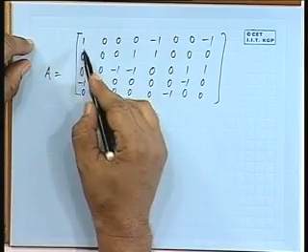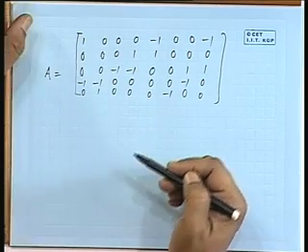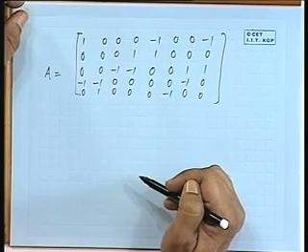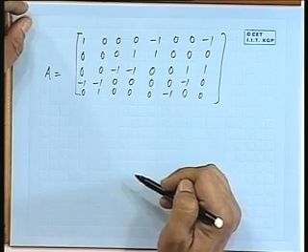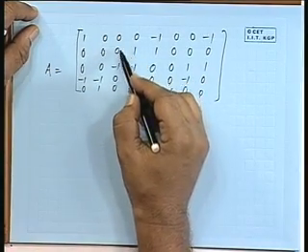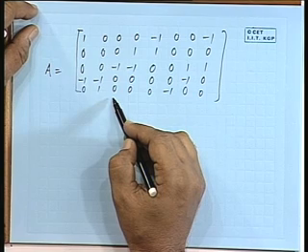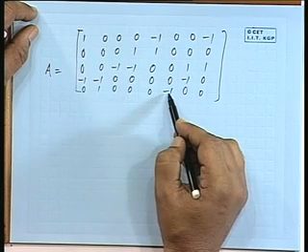So, there are 1 2 3 4 5. How many nodes are there? There is a reference node. Why? Because in column 3 you will find there is one missing, column 3, and column 5 6.